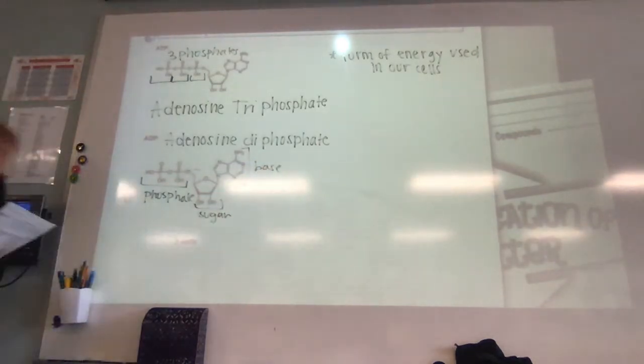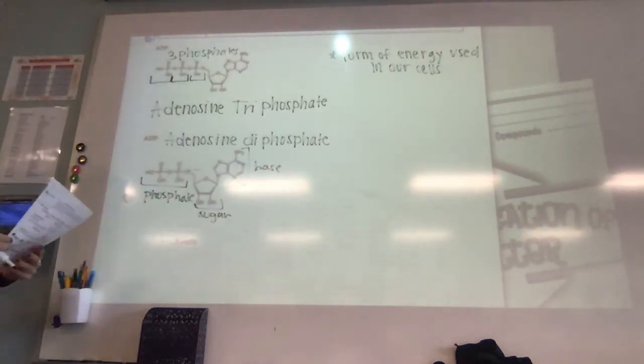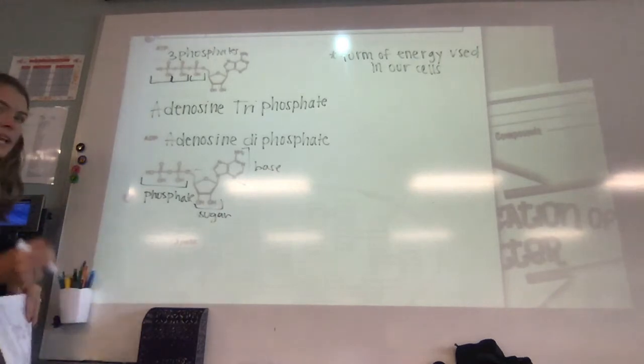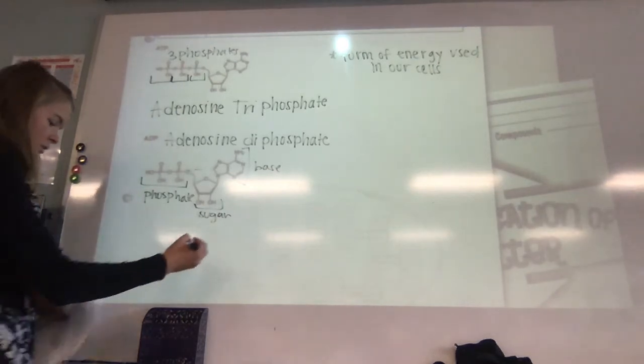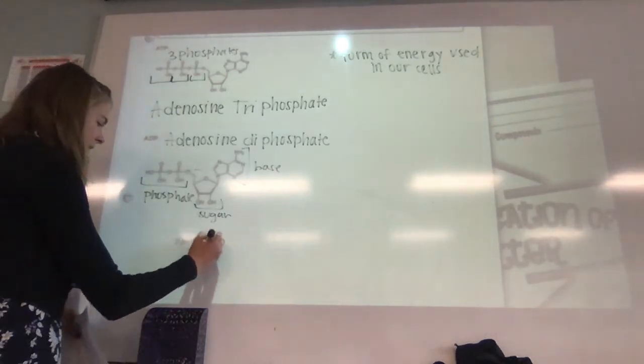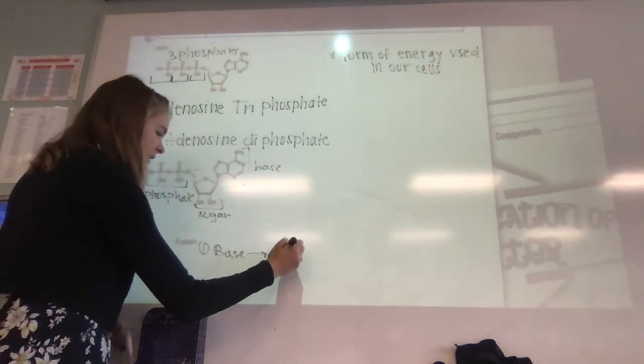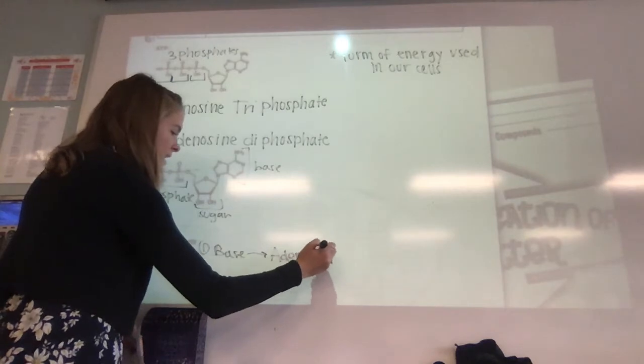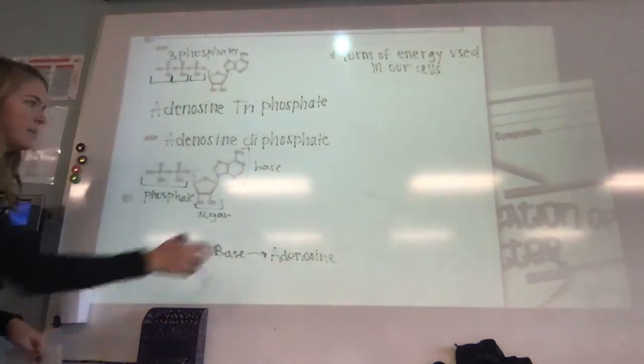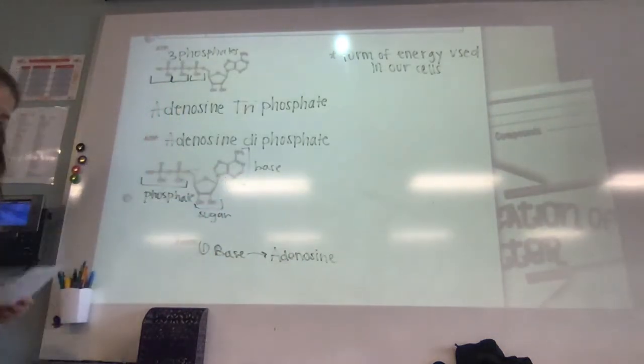So our 3 parts of an ATP or ADP molecule: the first is the base, which is the adenosine. Both ATP and ADP have this because they both have an adenosine base.